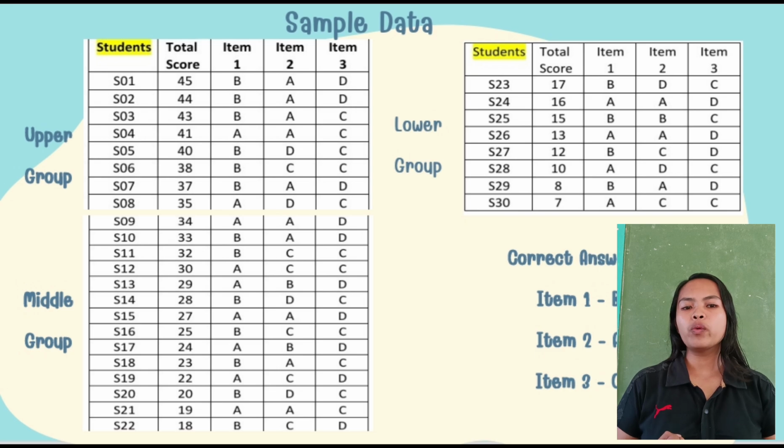Next, we will arrange it from the highest to lowest scores. And lastly, we will divide it into 27% to determine how many students belong to the upper and lower group. And the middle group will be discarded in the discrimination index.